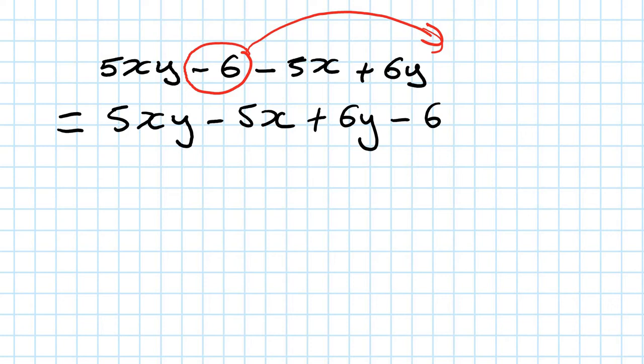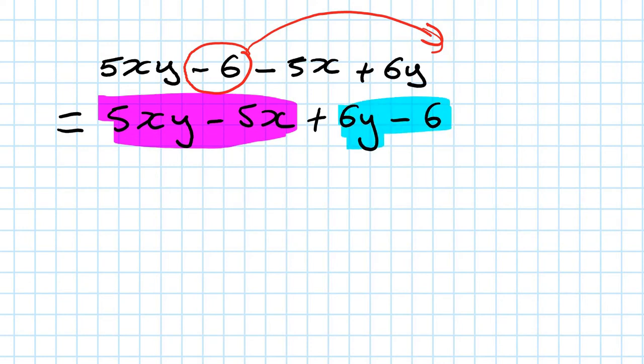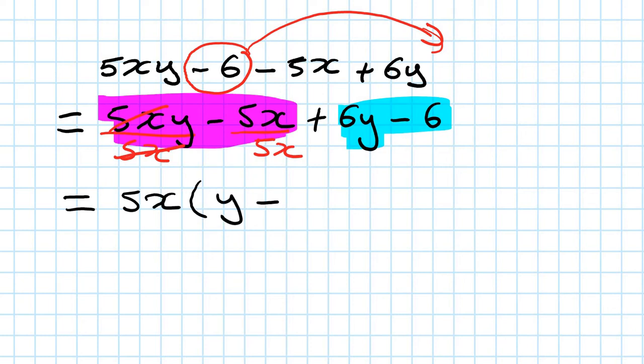With these two groups, I can see common factors now. For the last one, the common factor is 6. So the common factor of the first two terms is 5x, and I divide by 5x. So you're left with y minus 1, because 5x divided by 5x is 1, not 0, since it's divide, not minus.